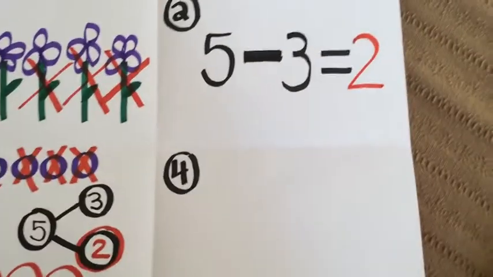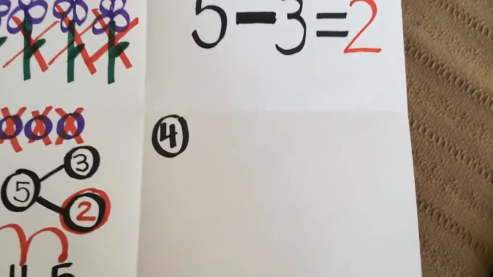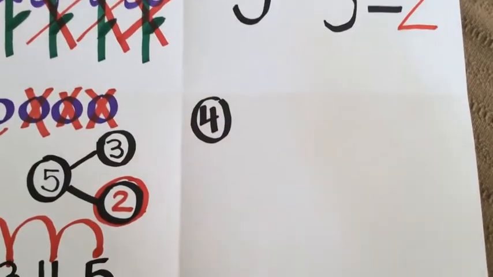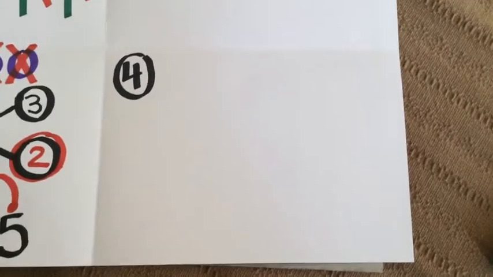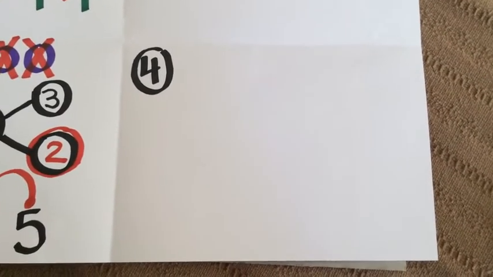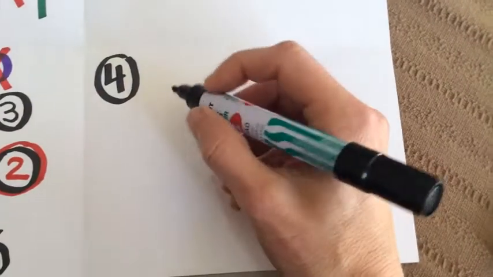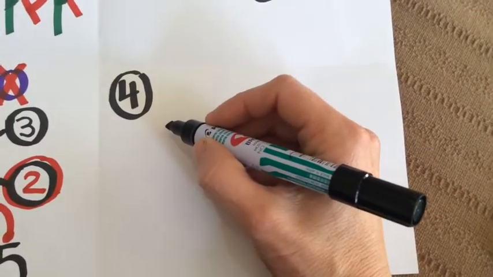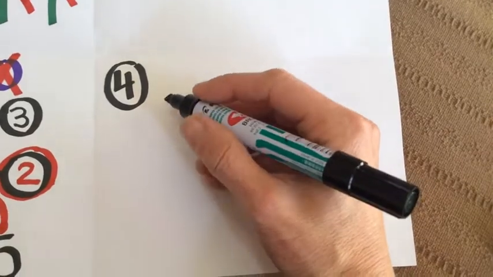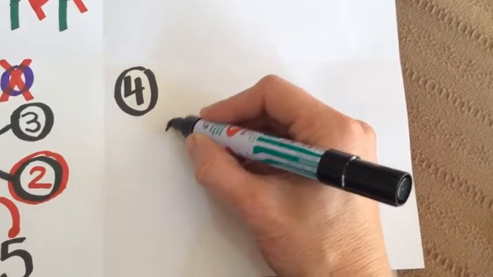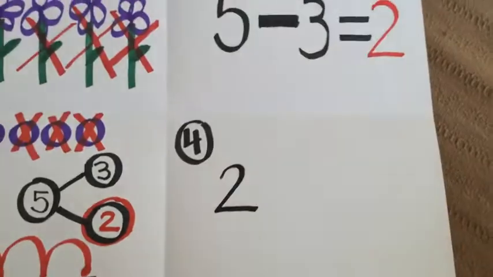But that's not all. I need to give an answer. So I'm going to show in the 4th square my answer this way. How many flowers are left? I am answering the question. How many flowers are left? 2.